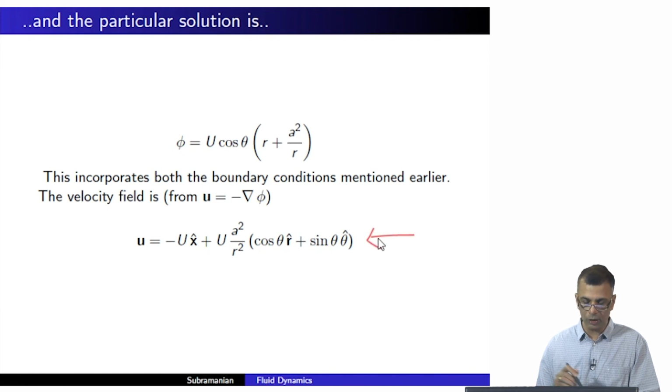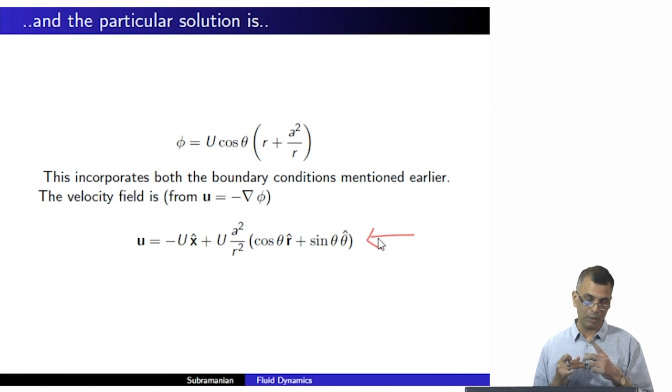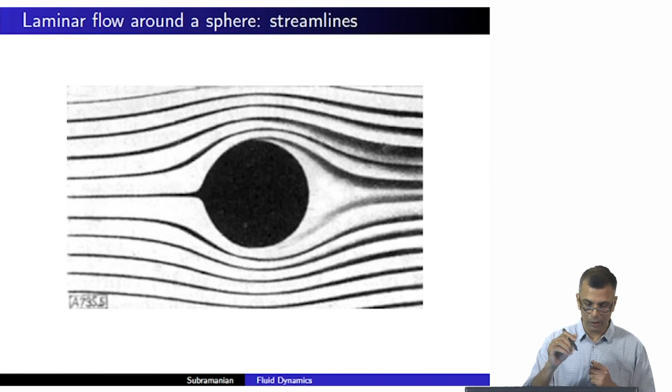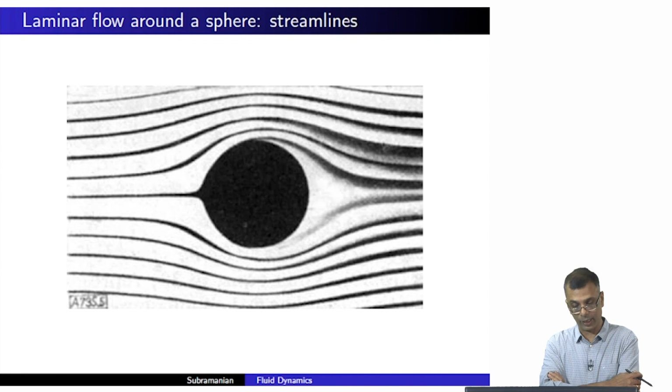This is the solution to the flow of an inviscid irrotational fluid, they're the same thing really, inviscid incompressible fluid around a smooth sphere. There you go, right? And what does it look like? That's what it looks like. You plot this as a function of r and theta, and that's what the streamlines look like.